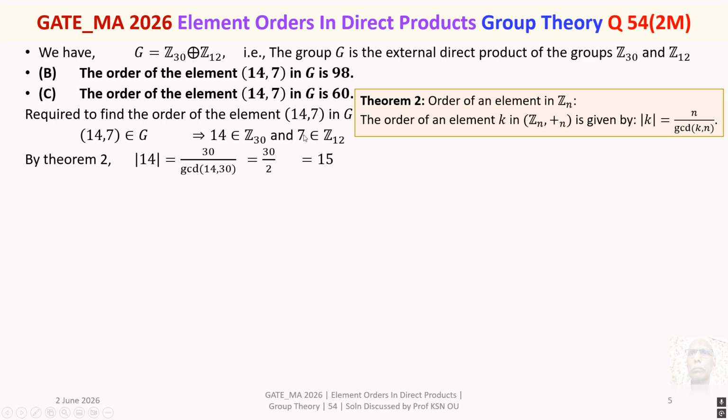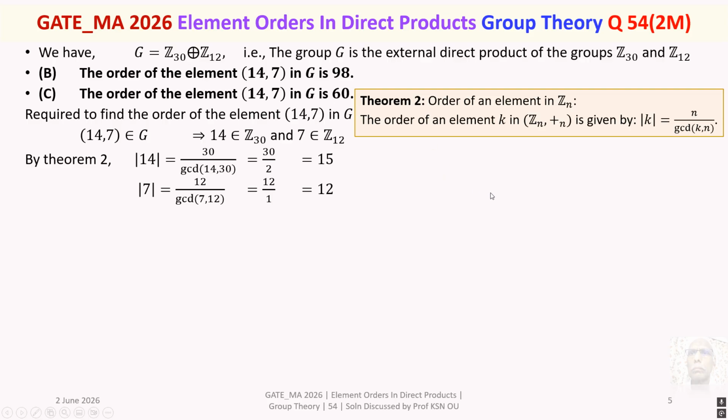Now 7 belongs to Z12, so the order of 7 will be 12 by GCD of 7 comma 12. The GCD of 7 comma 12 is 1 because they are relatively prime, and 12 by 1 is 12.